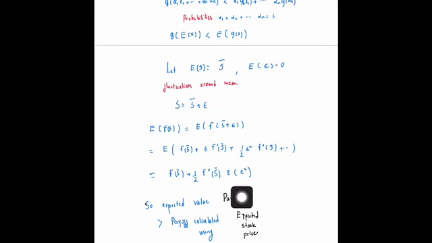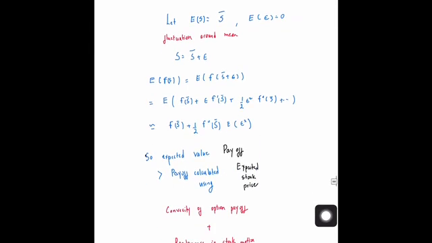So what we see is that the expected value of the payoff is greater than the payoff calculated using the expected stock price, and the difference depends upon two things. One is how strongly the function is convex, and the second is the random component. How much is the randomness in the stock price?